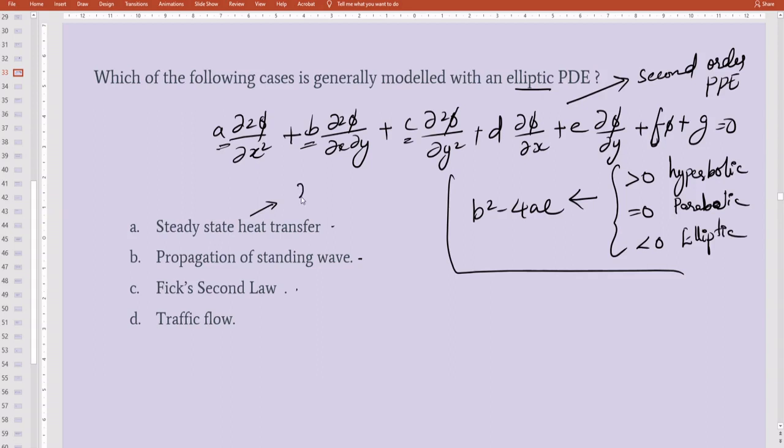If it is in two dimensions, it becomes del square T by del x square plus del square T by del y square is equal to 0. The propagation of a standing wave is given by the wave equation, that is del square u by del x square, sorry, is equal to c.